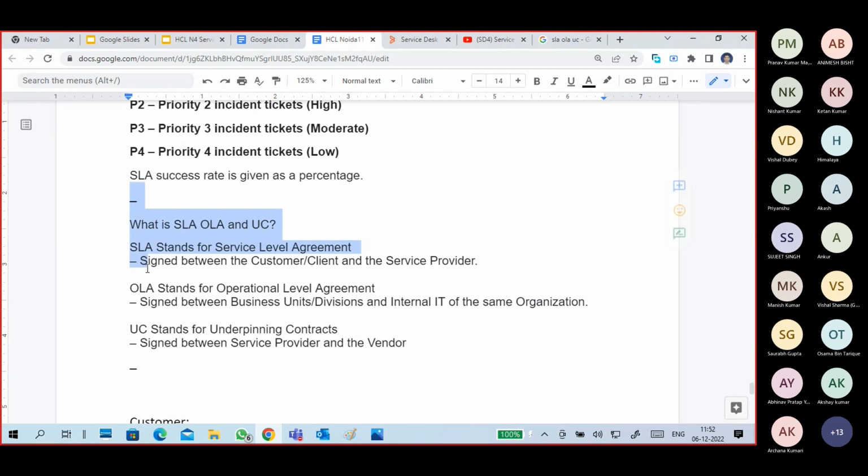Okay. So these are the SLA, OLA, UC. Service level agreement, operational level agreement, underpinning contract. Compulsory, guys. Service level agreement is very, very important in an organization.